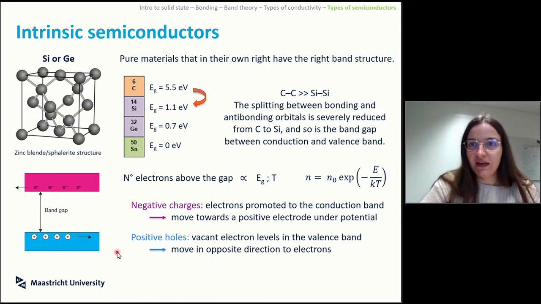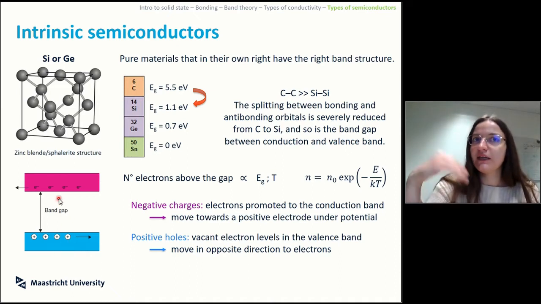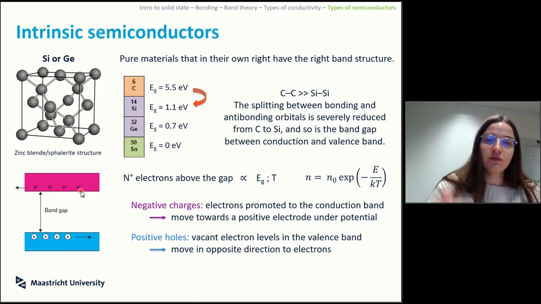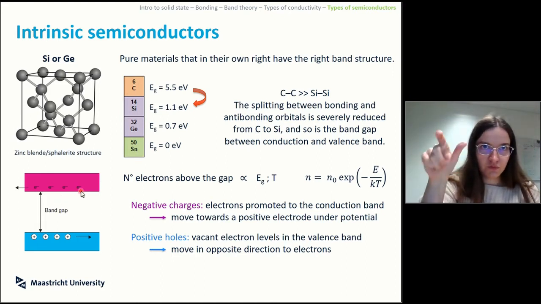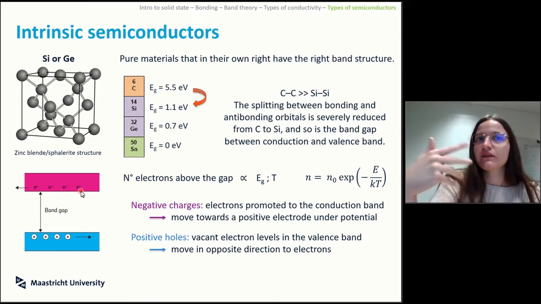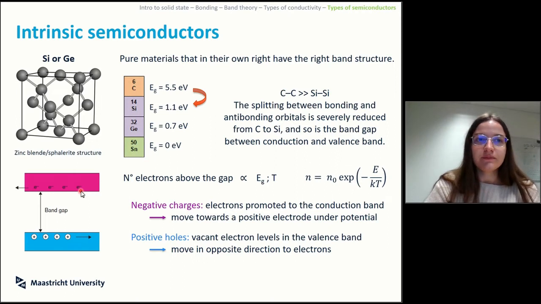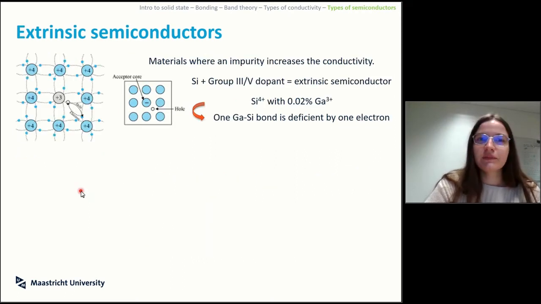So usually in an intrinsic semiconductor, the number of these two is equal, because anything that you leave behind, you left it behind because it's up here in the higher energy state. So if you apply a potential to your material, you will have the electrons moving towards the positive and the hole moving on the other side. And that's the reason why your material will conduct electricity, because you can actually put a circuit going on. But that's the intrinsic behavior.